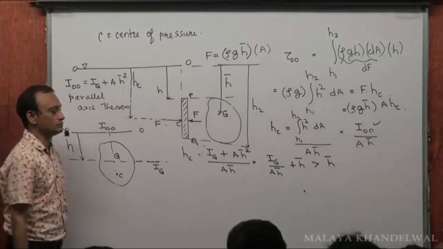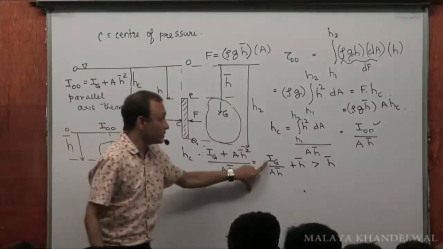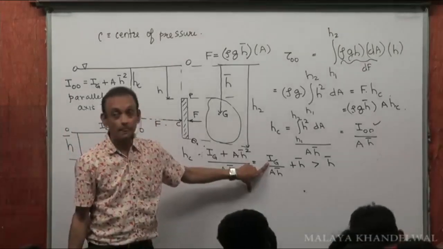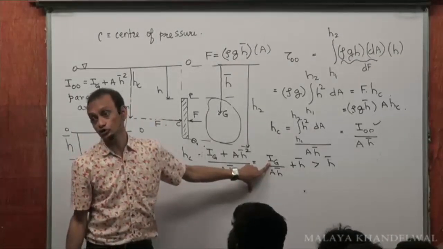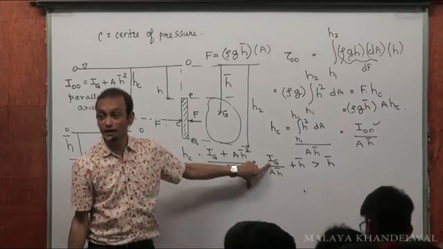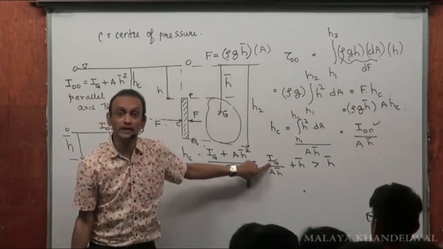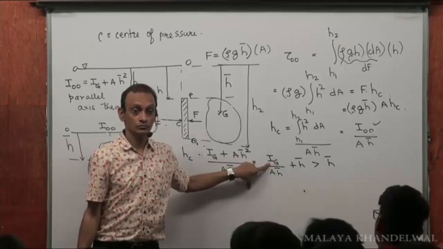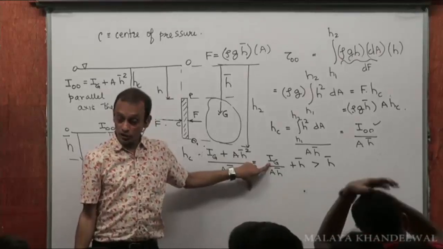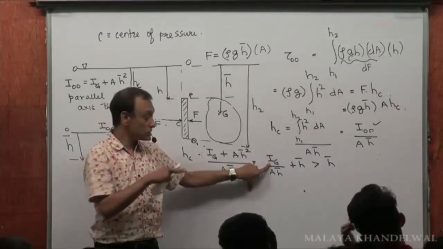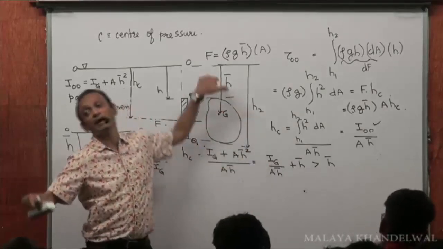Now, it becomes important for us to compute IG for some regular geometries. Moment of inertia of areas for some regular geometries I must be able to compute. IG is the moment of inertia of area about an axis passing through G and parallel to the free surface.